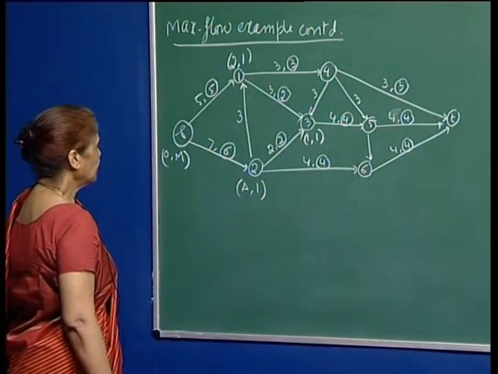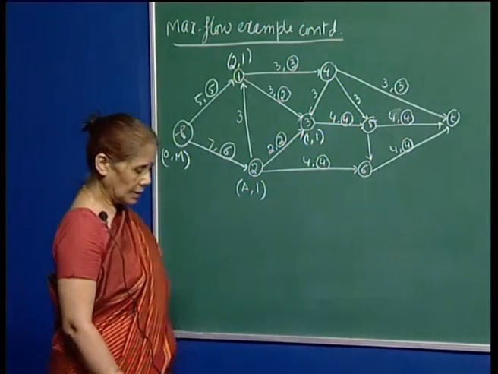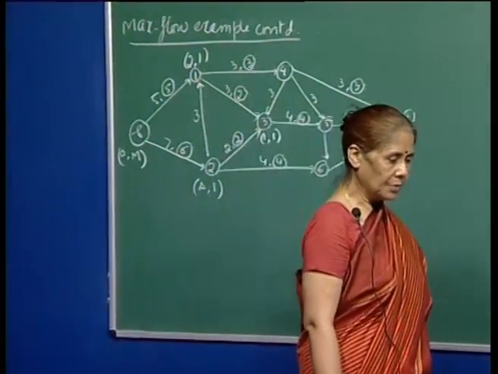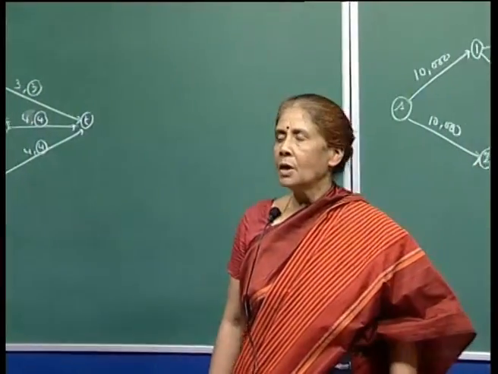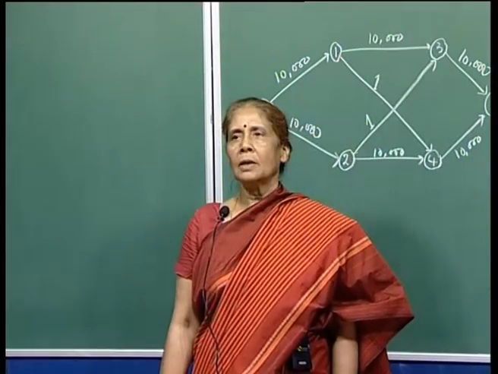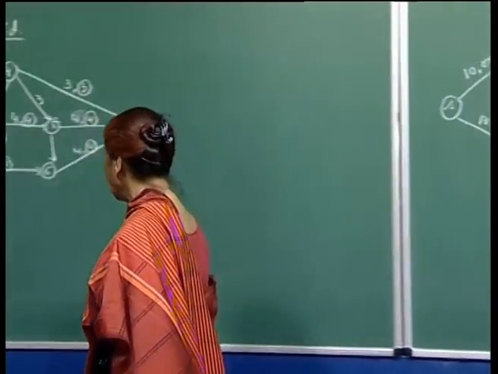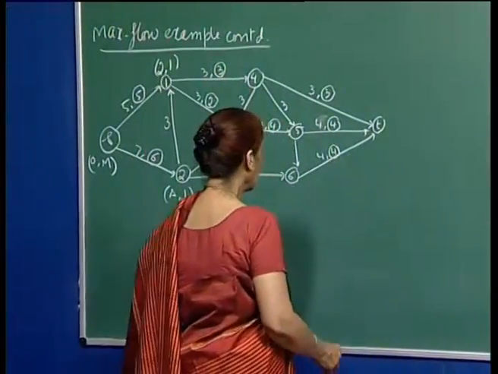So now I will prove the Ford and Fulkerson theorem, that is, the validity of the algorithm, which says that when the Ford and Fulkerson algorithm stops, it stops at the max flow. So we need to prove the theorem. Maybe I'll write it out here.